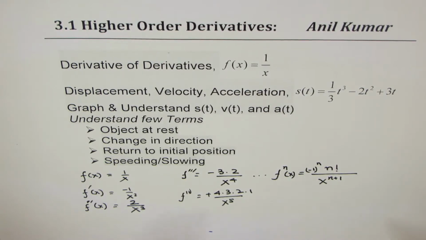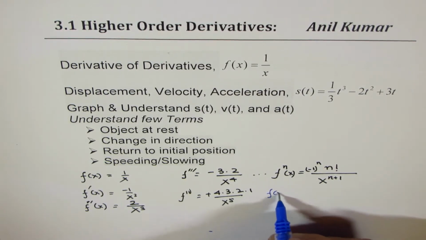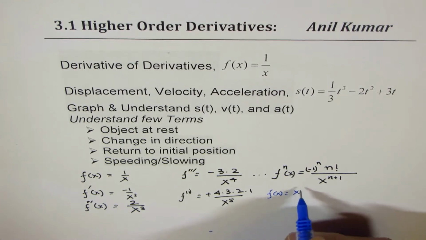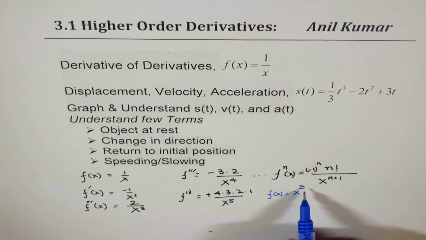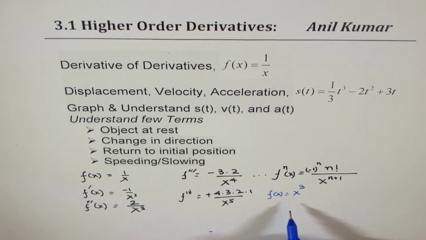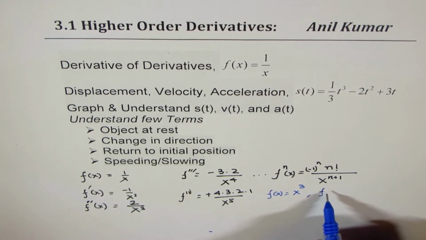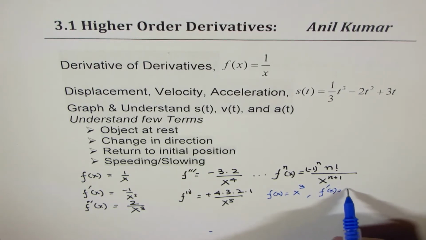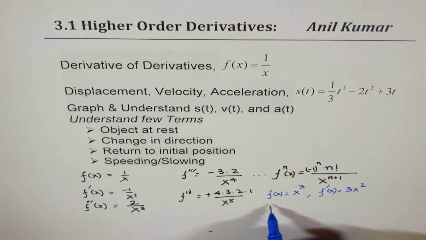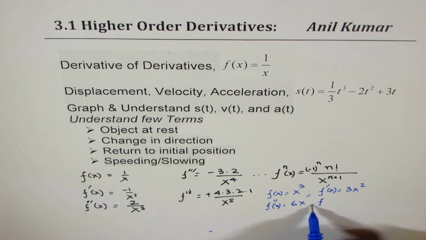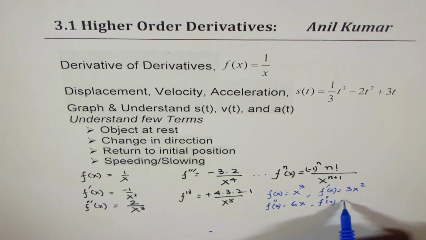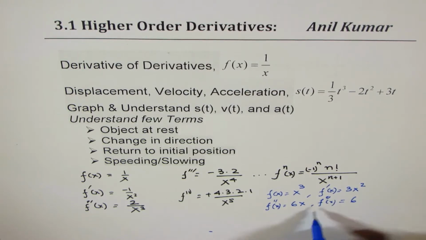Now let's take another kind of function which is, let us say, f of x equals x cubed. Now a polynomial with degree n will have a limited number of derivatives. As you know, the first derivative of this function will be 3x squared. The second derivative of this function will be 3 times 2, 6x. Then the third derivative for the function will be just 6. And what is going to be the fourth derivative?